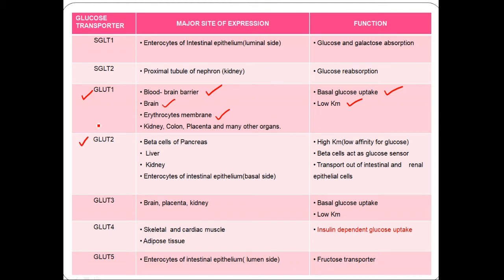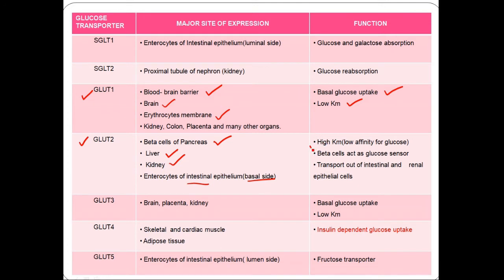Next is GLUT2. GLUT2 is present in beta cells of pancreas, and these beta cells of pancreas are involved in insulin secretion. It is also present in liver, kidney and in the intestine towards the basal side. We have seen in the SGLT1 and SGLT2 diagram that GLUT2 will transport glucose out of intestinal epithelial cells towards the blood.